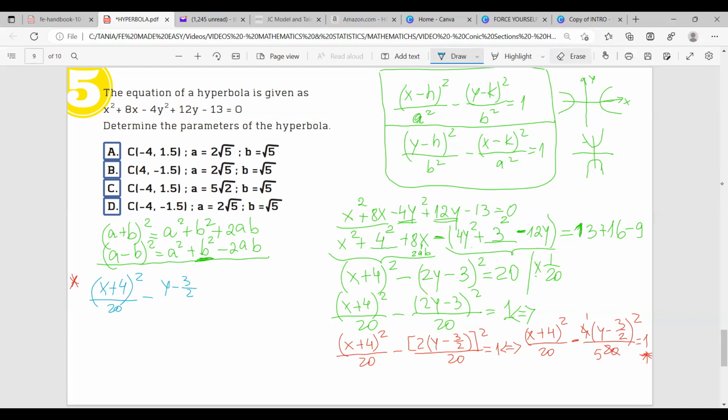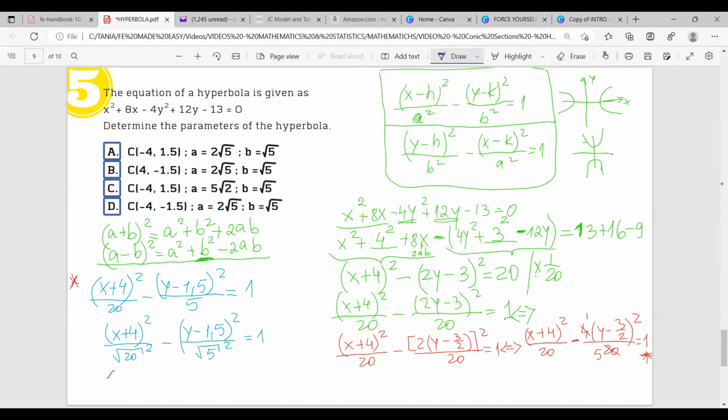You know what? Let me rewrite 3 over 2 as 1.5 to make it more similar with the answers we have. So 1.5 squared over 5 equals to 1. I will write this as x plus 4 over square root of 20 squared minus y minus 1.5 squared over square root of 5 squared equals to 1.